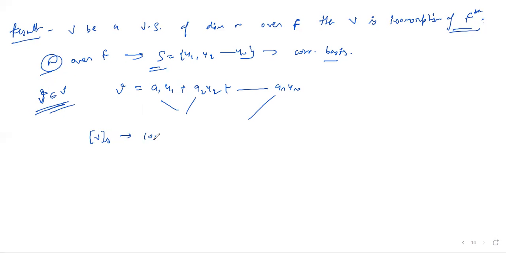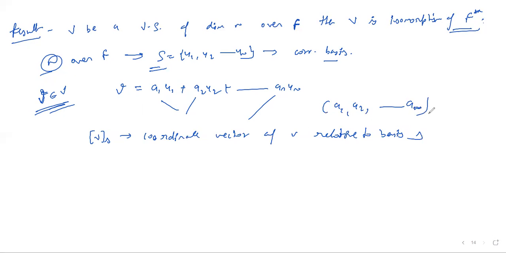This is the coordinate vector of v relative to the basis S, that is a1, a2 to an. Every vector of V can be written as a unique linear combination, where these are its coordinates.